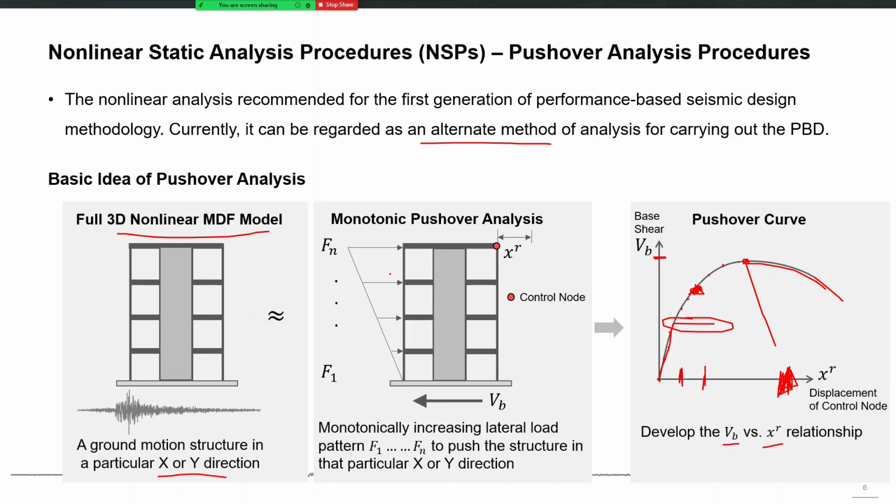When you make the load case for pushover analysis, you yourself give the limiting value or target value of this XR. So the program keeps pushing the building up to that displacement and plots that curve up till that point. So you yourself can plot it up to the last point, or ultimate point maybe.